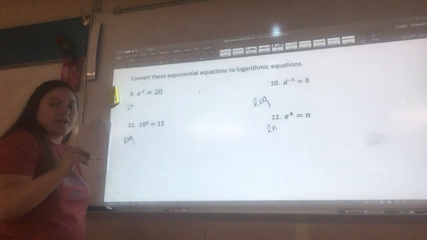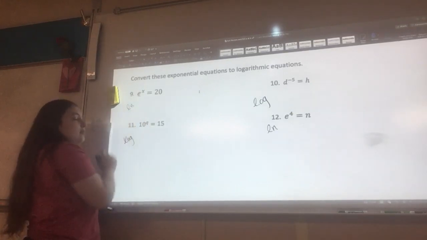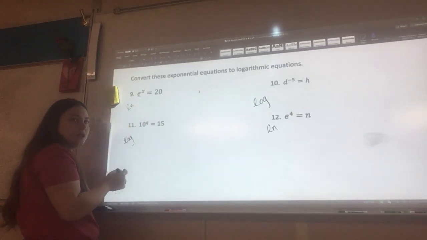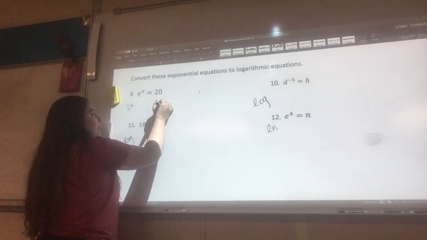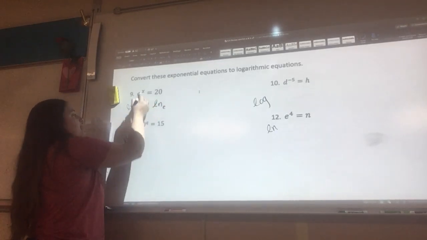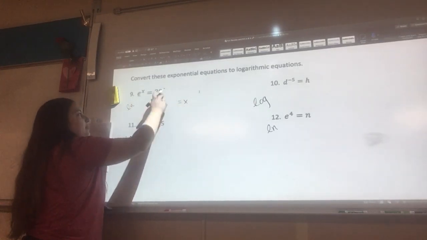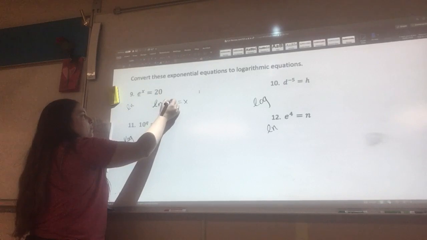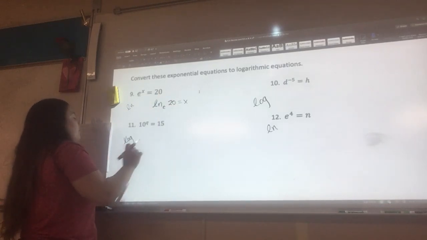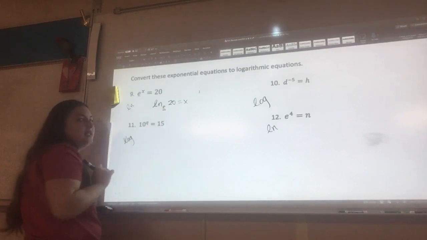So our first, number 9, says e to the x equals 20. Well, since it's an e, once again, we know it has to be ln, base of e. Since this is our exponent, we know this has to equal the exponent, and what it equals is 20. So this is what it is. But understand that, do we need that e there?